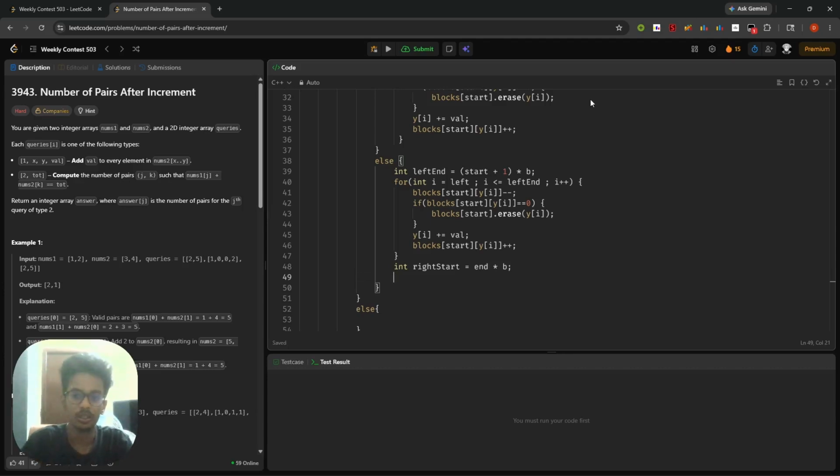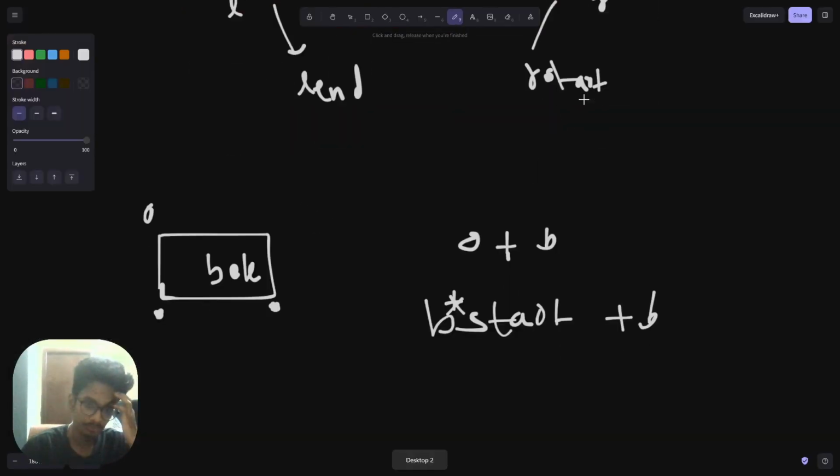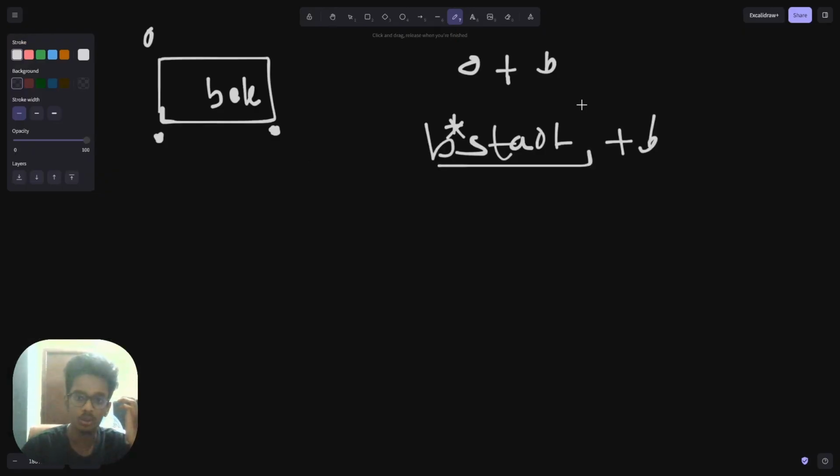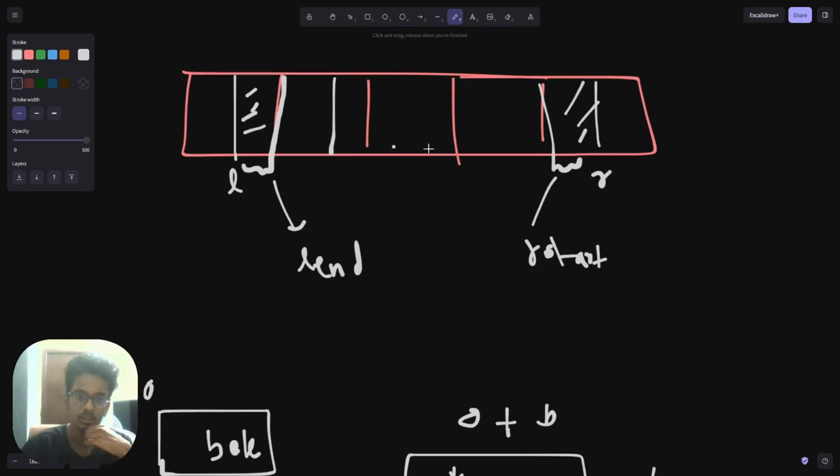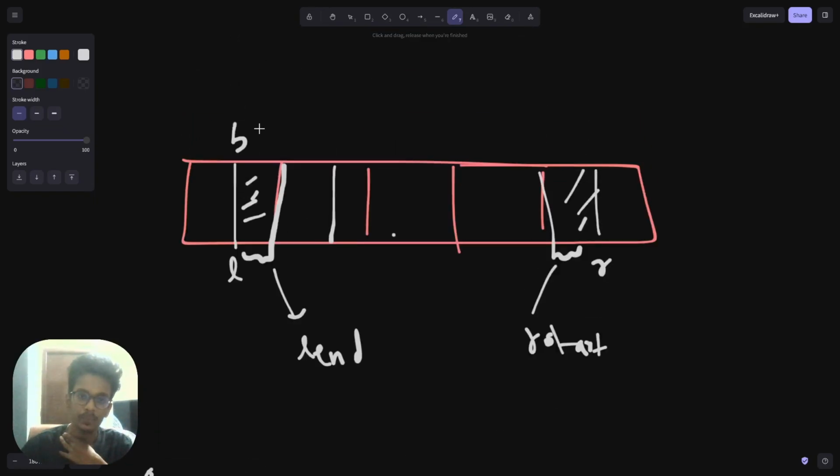Similarly, how this got start into b, because the start block was somewhere here, and before the start block there would be b into start blocks.